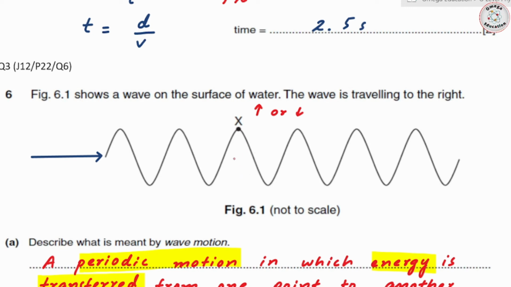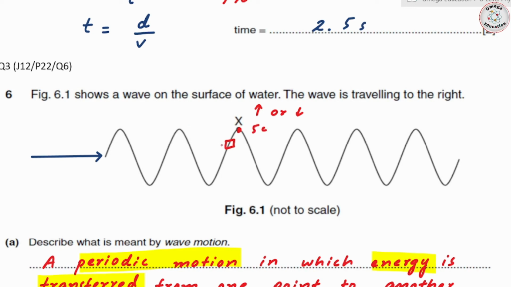Now, how do we know which direction to choose? The particle X has already received the maximum amplitude, and as the wave moves to the right, this portion, this displacement of the wave, would now be transferred to the point X. Point X was previously having, let's say, a displacement of 5 centimeter.